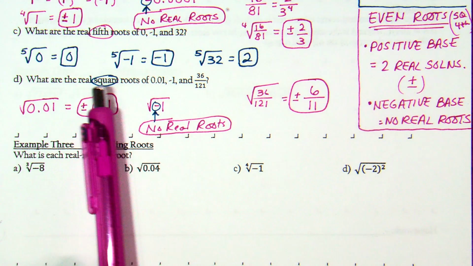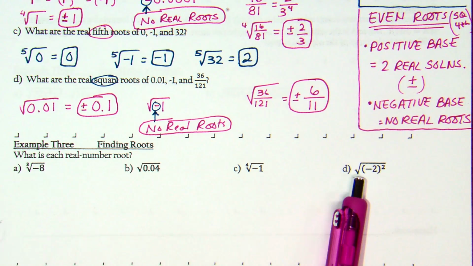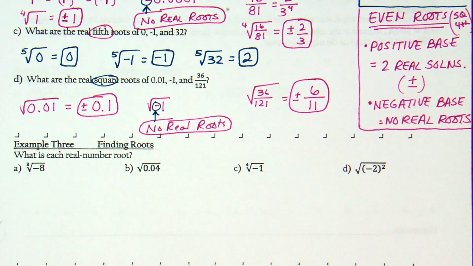Down here, it's still asking for roots, but notice all of these problems are given as radicals. There's one slight difference when we use the radical sign. Now, it only happens with our even roots, our square roots and fourth roots. But we'll have to talk about that when we get there. Otherwise, for the most part, this is the same thing we did yesterday.